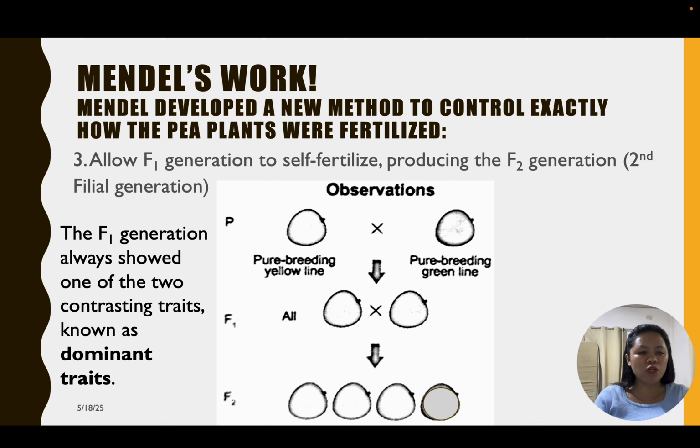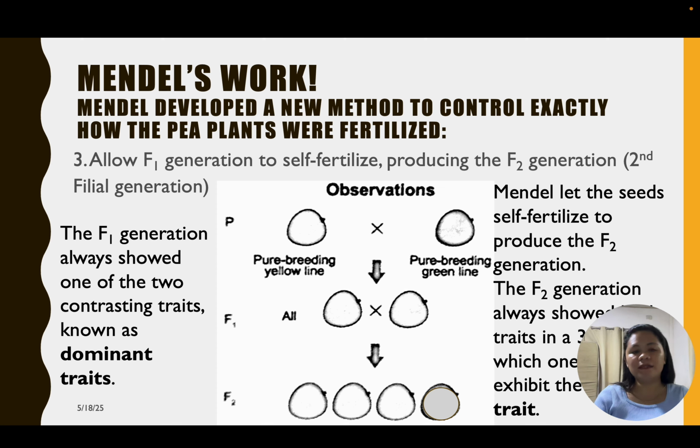So, the F1 generation always showed one of the two contrasting traits known as the dominant trait, which, in this example, is the yellow one. Mendel let the seeds self-fertilize to produce the F2 generation.